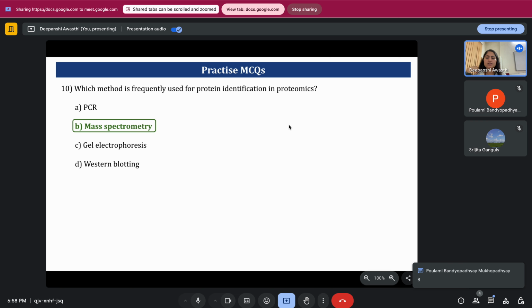The right answer is option B, mass spectrometry. In that we generally go for identification of proteins. PCR is just for amplification, gel electrophoresis is for separation, and Western blotting is similarly for getting different bands, so it is also kind of for separation.